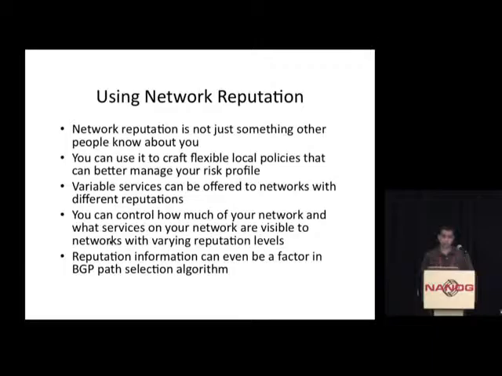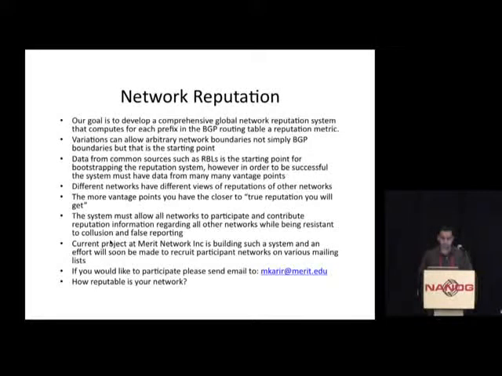There are several things you can do if you have a notion of another network's reputation. You might make decisions regarding whether to peer with somebody or not, depending on their network reputation. It's sort of like a credit worthiness check that you might wish to perform. You might wish to do BGP path selection based on a notion of neighborhoods, good or bad, around the internet.